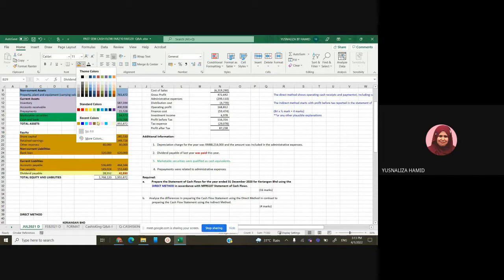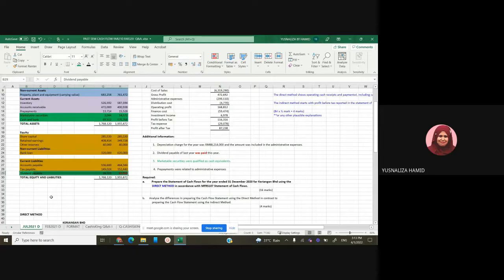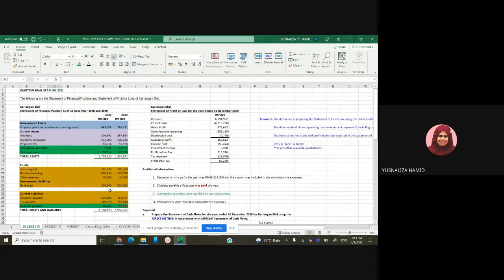After you have done the color coding, you can now find out what the changes are, to see whether or not these changes relate to any cash flow movement. For example, the first item here, does this relate to disposal?